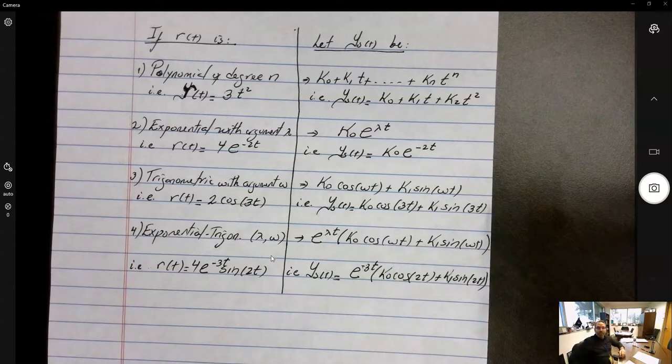And again, these are just 4 of the most common types of forcing functions.